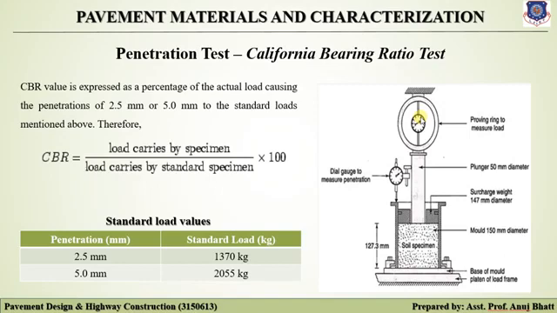Now next, the load is applied through the penetration plunger of the motorized loading machine at a uniform rate of 1.25 mm per minute. So our uniform rate for the loading will be 1.25 mm per minute. The load readings are recorded at penetration readings of 0, 0.5, 1 mm, 1.5 mm, 2 mm, 2.5 mm, 3 mm, 4 mm, 5 mm, 7.5 mm, 10 mm and 12.5 mm.